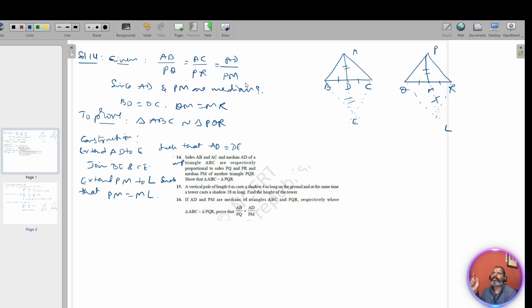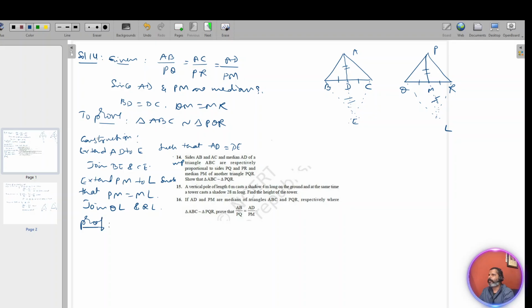Already we have two sides proportional, AB, PQ, AC, PR. We need either one, either BC and QR or any of the angles. So we are following the angle here. So SAS we are following here to prove the similarity. For that, we want one of the triangle angles to be equal in both ABC and PQR. That we are deriving. So now join QL and RL.